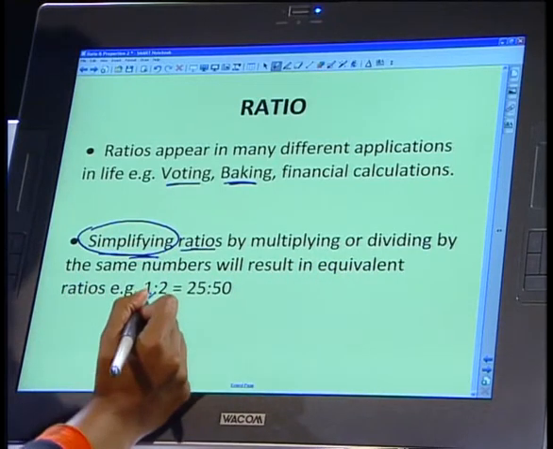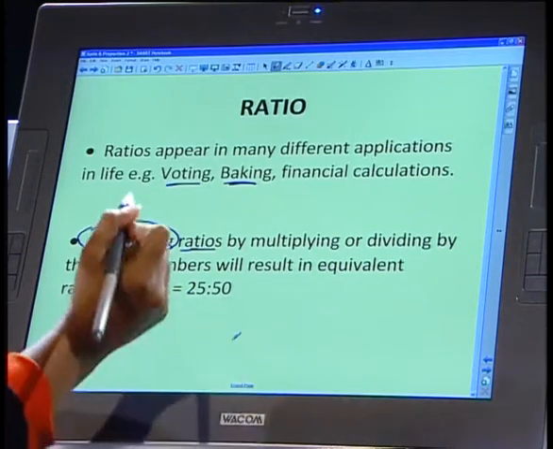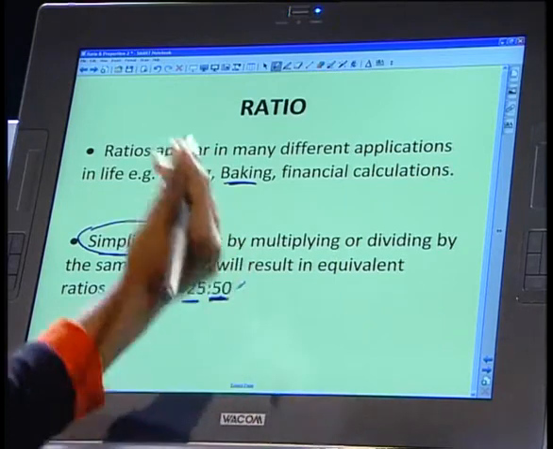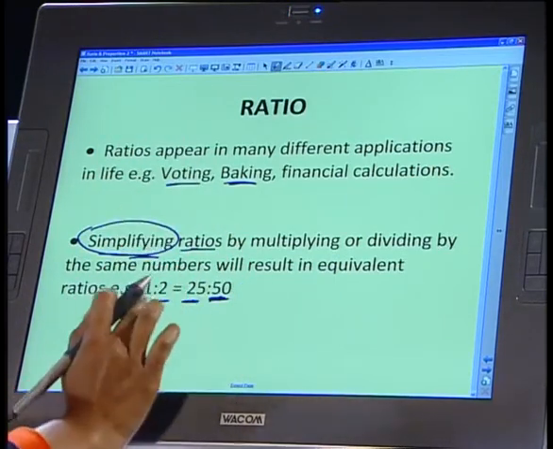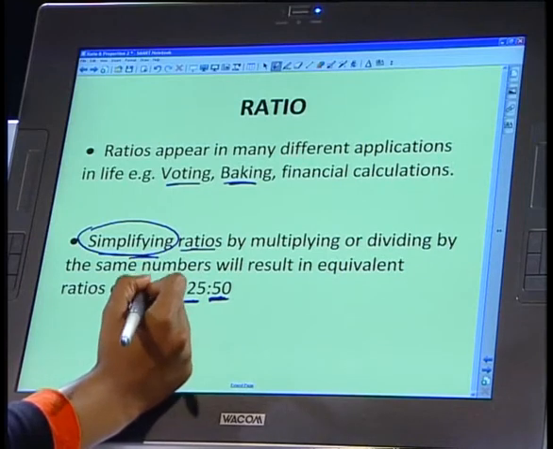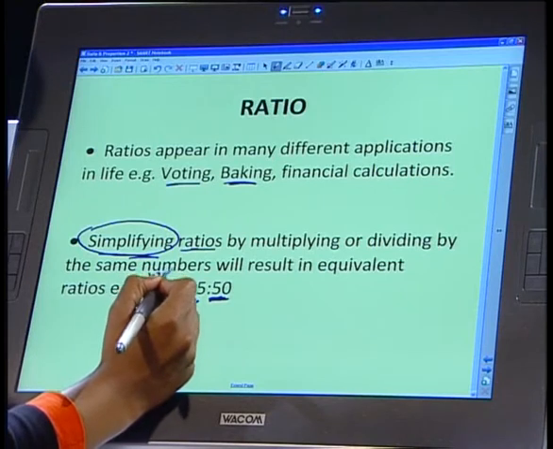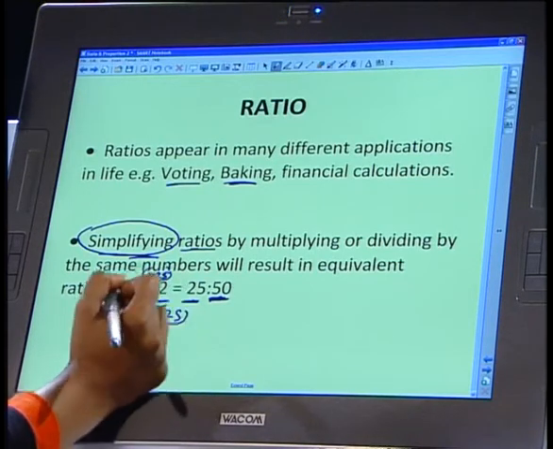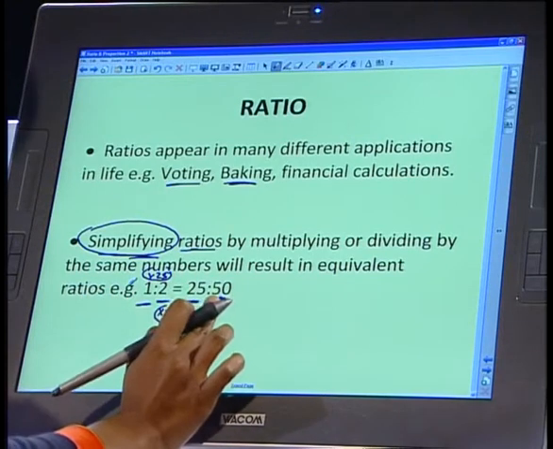So for example, the ratio 1:2 is exactly the same as 25:50. Here we've expanded this ratio by multiplying both of these numbers by the same factor. The 1 I've times by 25 and the 2 I've times by 25, so I've times by the same factor. Therefore, these ratios are now equivalent.